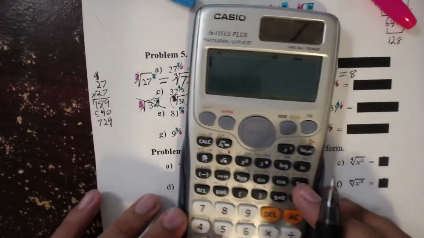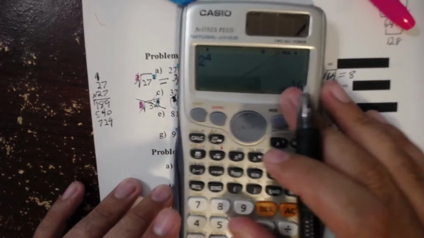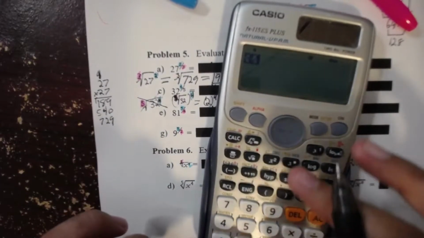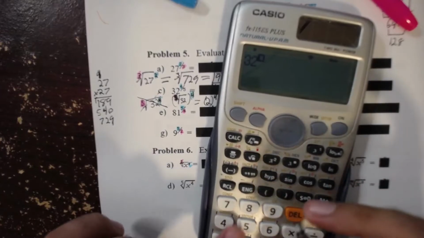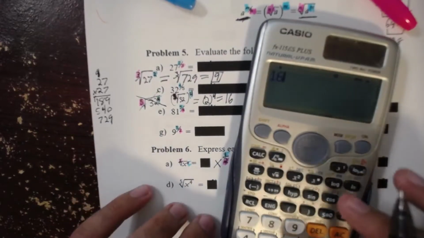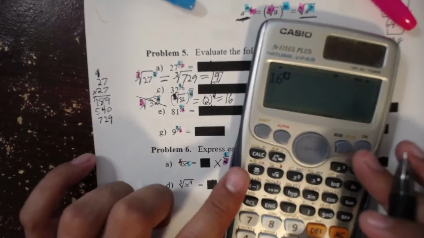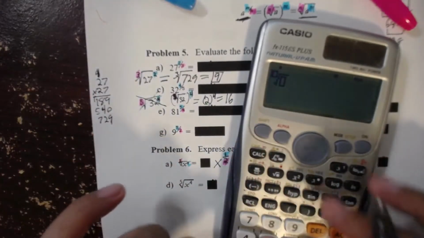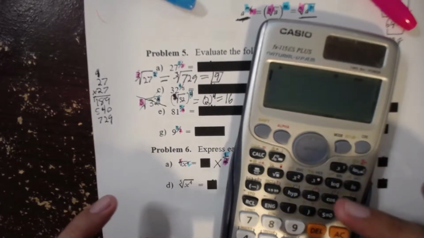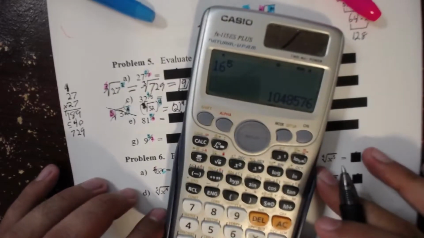If you want to use your calculator to check, you can do that, and there we go. Now, the other way that we had, remember that really big number, 32 to the 4th. 16 to the 5th power is the same number.